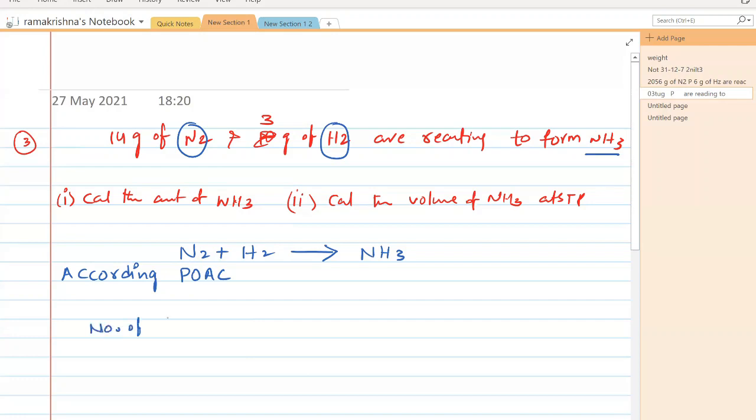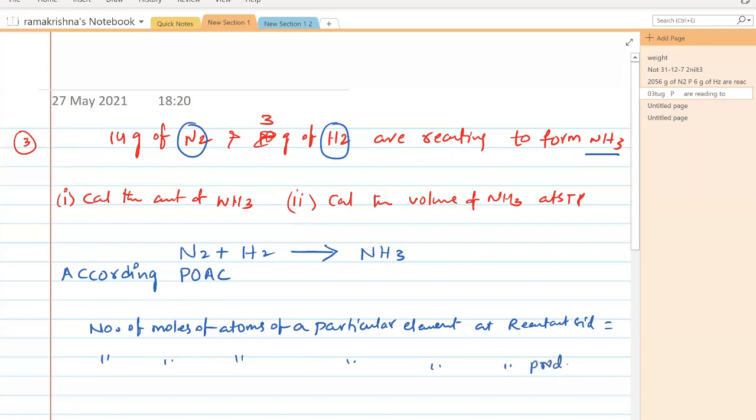The number of moles of atoms of a particular element at the reactant side must be equal to the number of moles of atoms of that element at the product side. RHS must be equal to the LHS. That is the principle of atomic conservation.